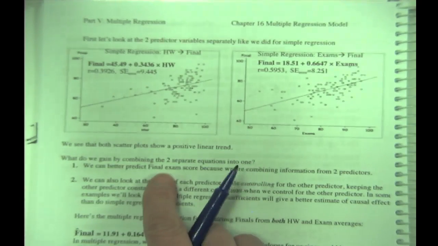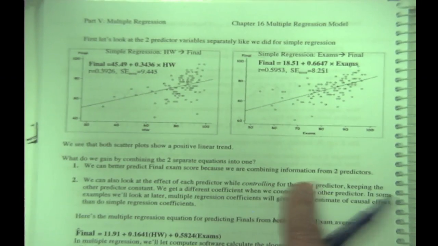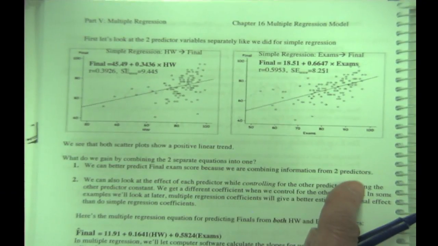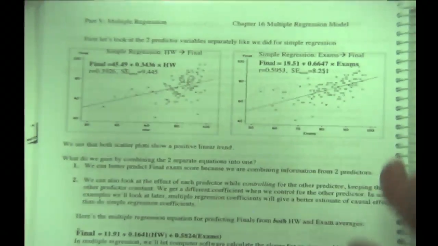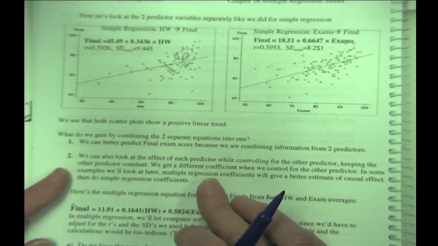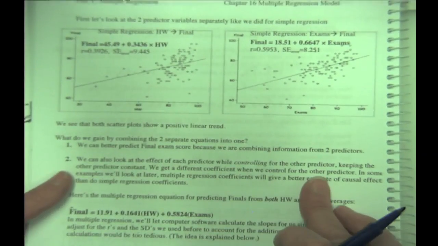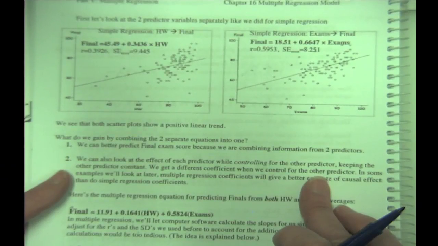Well, we can certainly make a better prediction for the final if we combine information about two predictors. That's going to give us better than either one alone would. And more importantly, we can look at the effect of each predictor while controlling for the other predictor, in other words, keeping the other predictor constant. That's what it means to include an independent variable in a multiple regression.